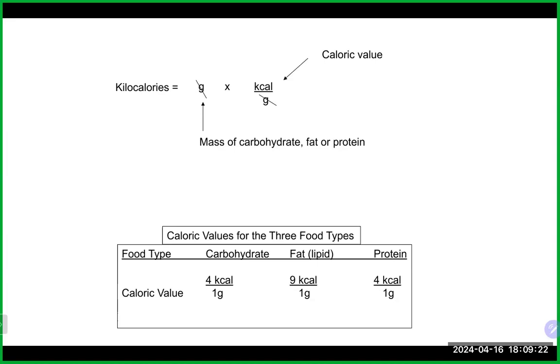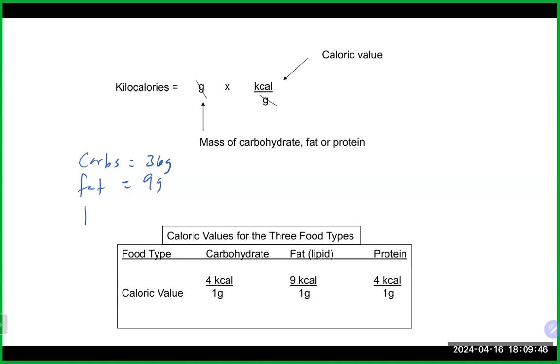Anybody have a nutritional label? Candy bar, chips? What kind of college students are you? There we go. Perfect. How many carbohydrate grams are there? 36. And fat? 9 grams.